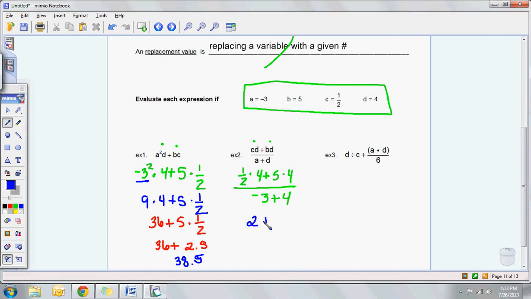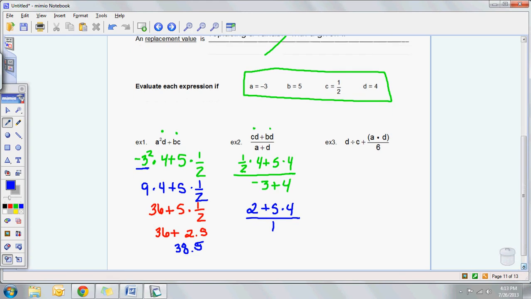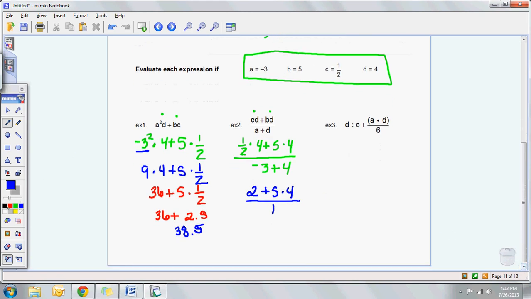So that's going to give me 2 plus 5 times 4. And then on the bottom, this is the only thing left, and that's going to give me a positive 1. And then I can do a couple more things on top here. So I'm going to do the multiplication first. So 5 times 4 is 20, so I have 2 plus 20 over 1. And one last step is going to give me 22 over 1, or just 22 is fine as well.